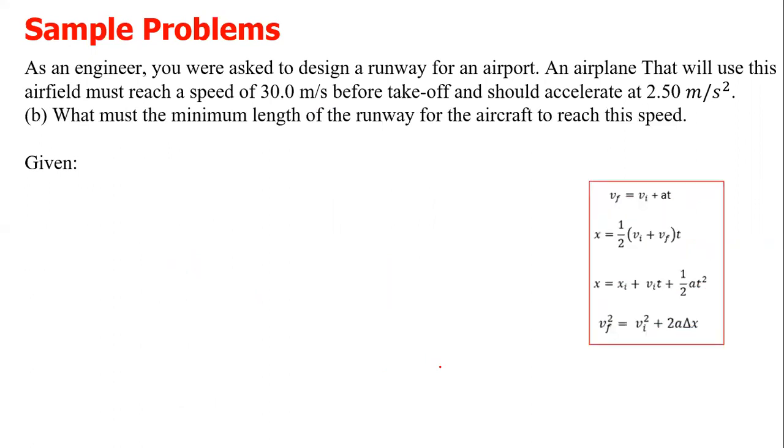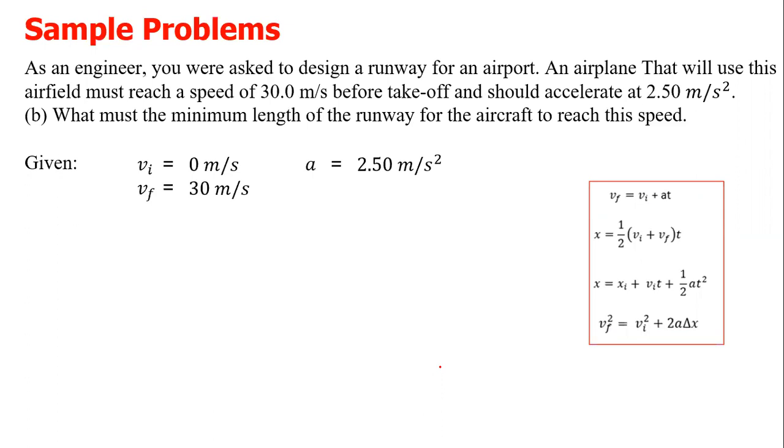Next, what must be the minimum length of the runway for the aircraft to reach its speed? So we have the same given. Initial velocity is equal to 0 meter per second. Final velocity is equal to 30 meter per second. And your acceleration is equal to 2.50 meter per second squared.